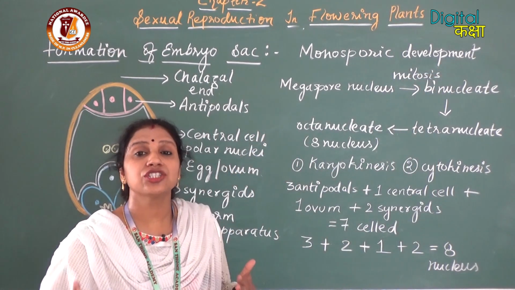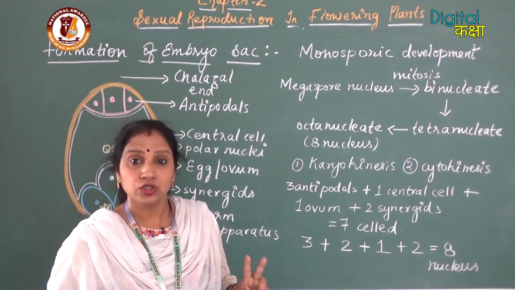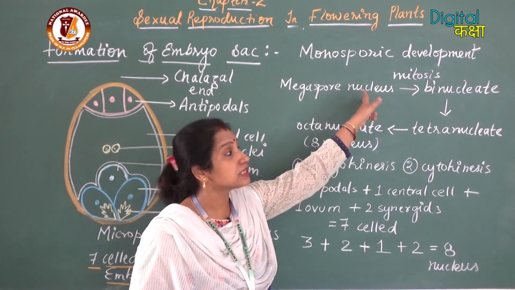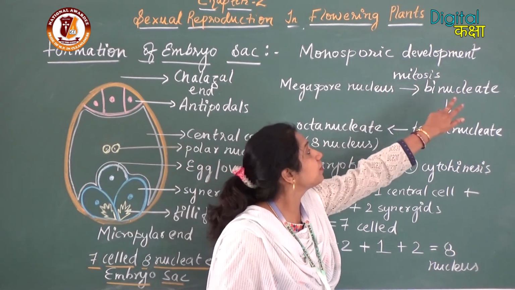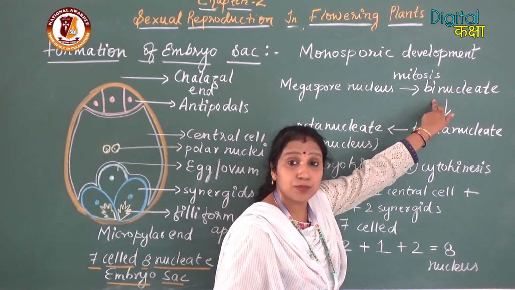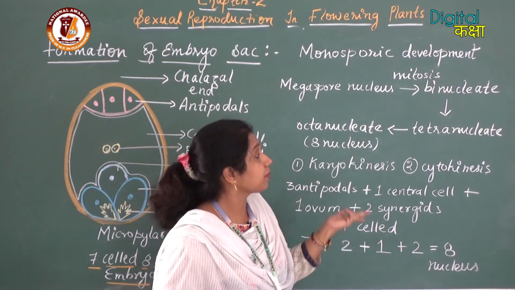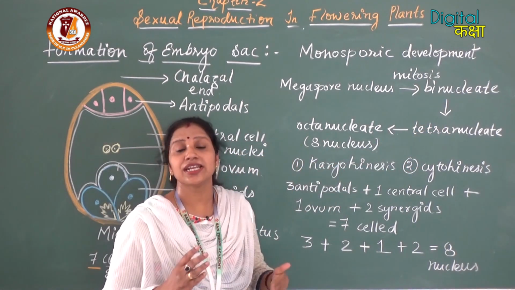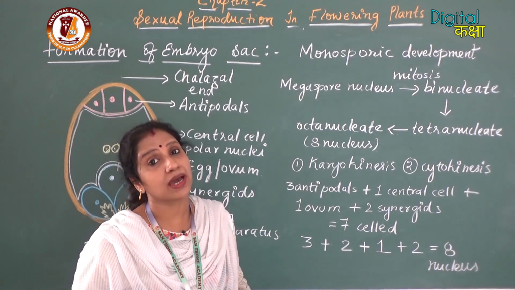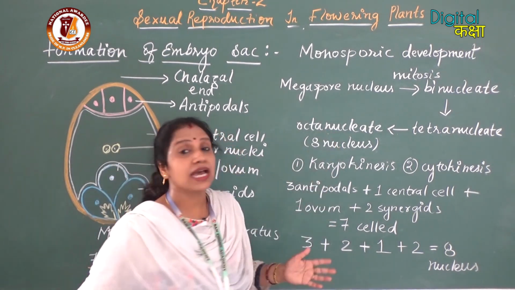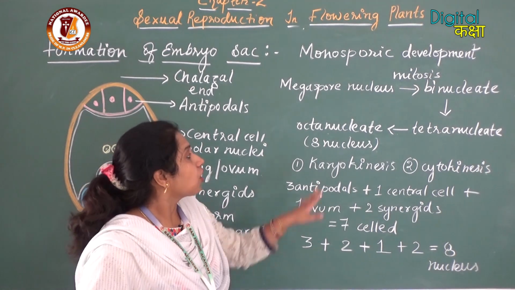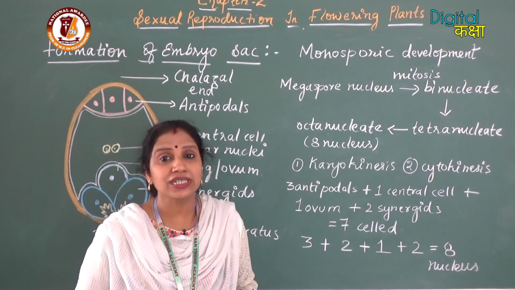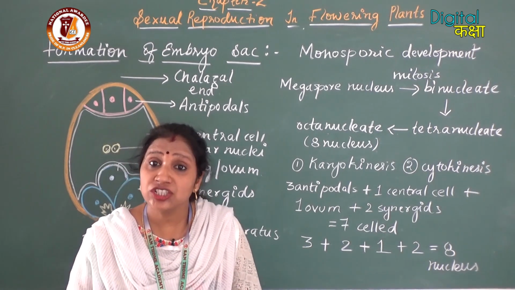As a result of mitosis, two daughter nuclei are formed. Then this binucleate stage will again divide by mitosis to form the tetranucleate, and then the tetranucleate will again divide by mitosis to form the octanucleate stage. Octanucleate means that there will be 8 nuclei in that megaspore.